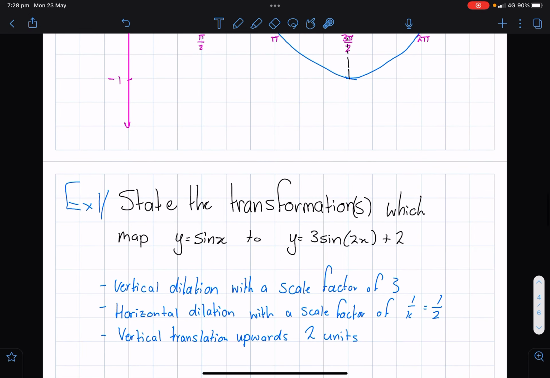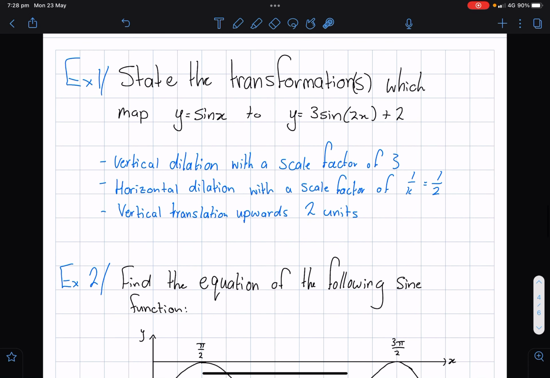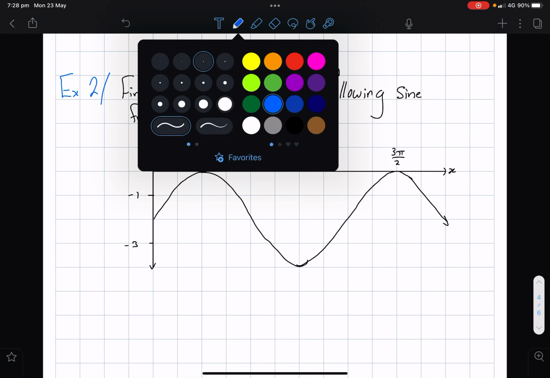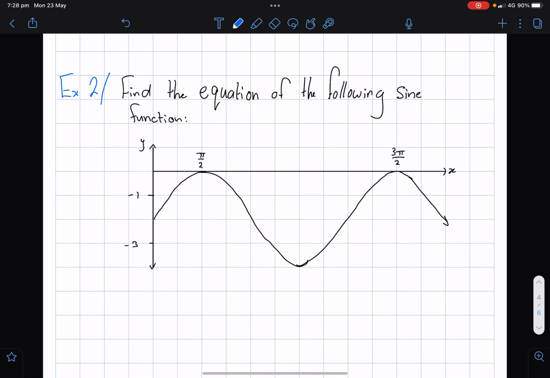Now, let's go through finding the equation of a sine function together. We know a couple of facts about this. We know this is the principal axis here. Remember our general sine function, a times sine of (bx minus c), plus d.